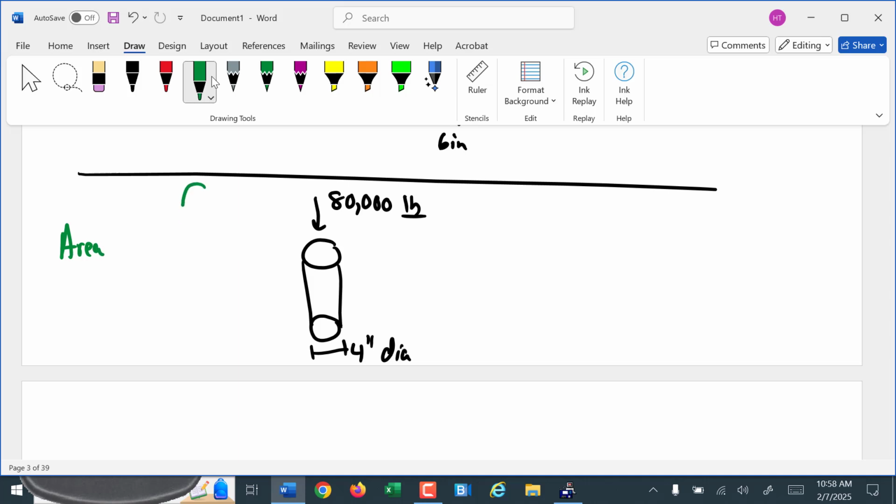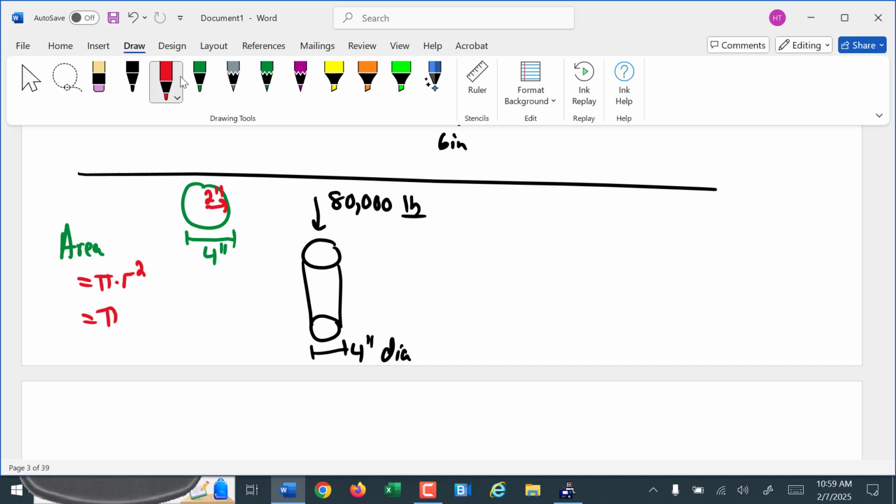Well, the area is going to be the area of a circle with a 4-inch diameter. Of course, when we find the area of a circle, it's pi times radius squared. So how do we find the radius? What's the radius going to be here? 2 inches, half the diameter.